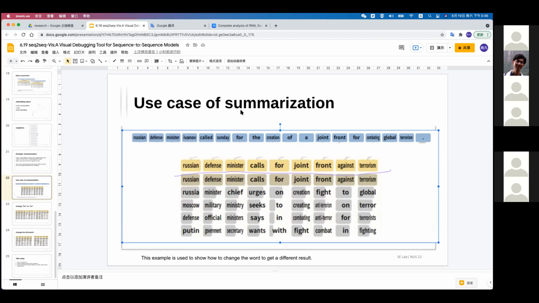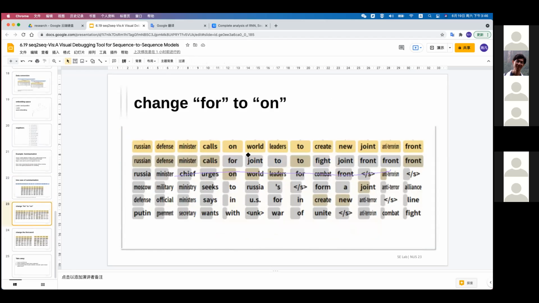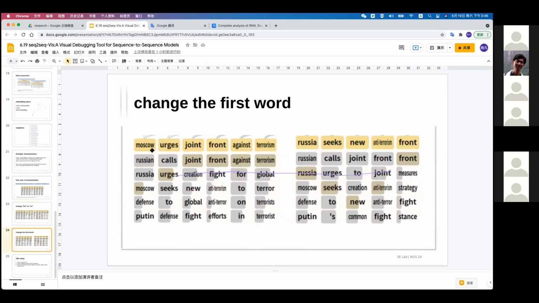If you change the "for" to "on", it will be much longer because for the grammar you need to add "on", "world leaders", blah blah blah. And if you change the first word to, for example, Moscow, the media always use the capital name to represent a country. So if you use Moscow or a simple word, Russia, it will be much shorter.